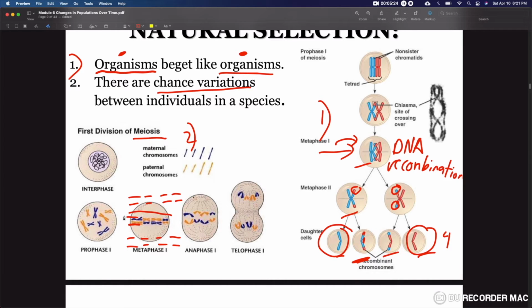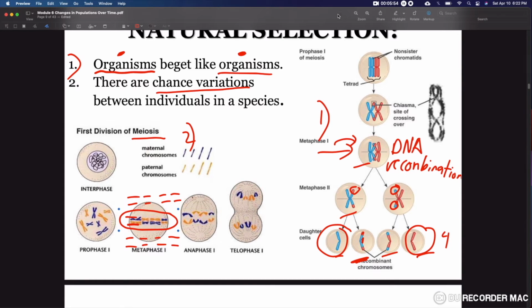It can have multiple combinations in here. That's why there are a lot of possible combinations in your sperm and your egg. This explains why you and your sister or brother don't look the same, because the sperm and egg cells have a lot of possible combinations in them.